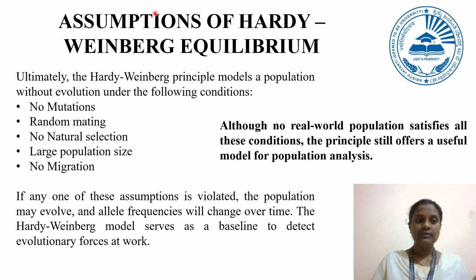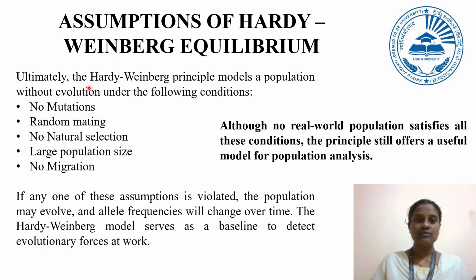The fourth assumption is that the population size should be large. The population must be infinitely large, or very large in practice. This minimizes the effect of genetic drift, which can cause random changes in allele frequencies in a small population.